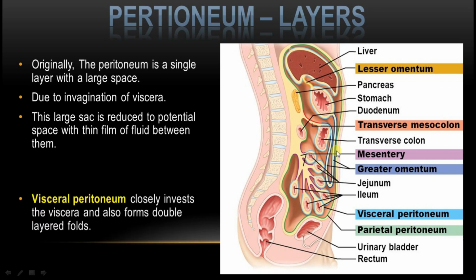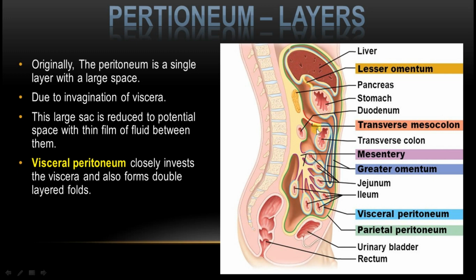So visceral peritoneum, all this is visceral peritoneum. They are all investing the viscera, and usually they form double layered folds, which you are able to see here. Visceral peritoneum usually forms double layered folds when they invest the viscera.